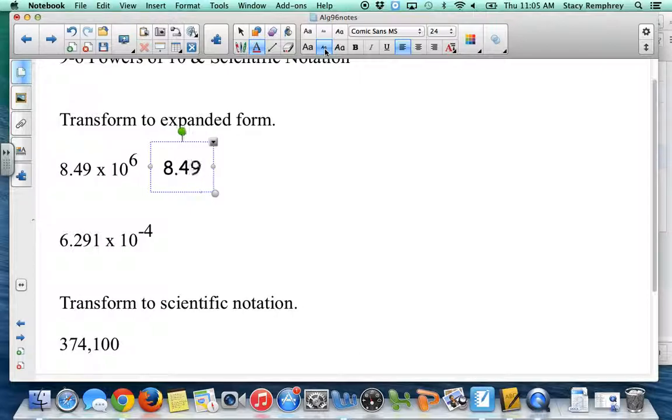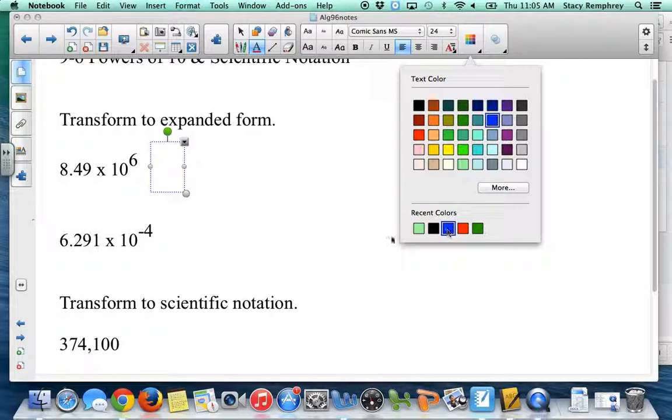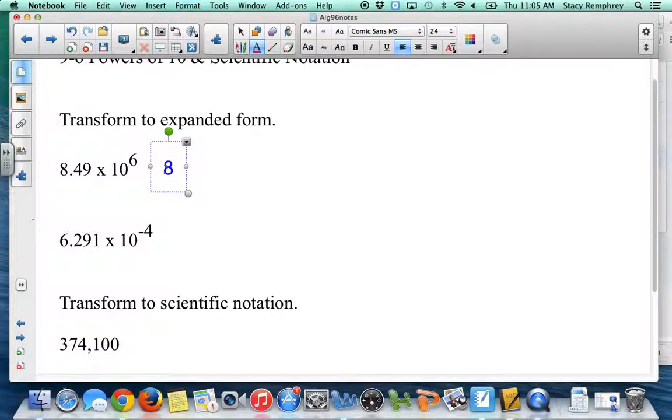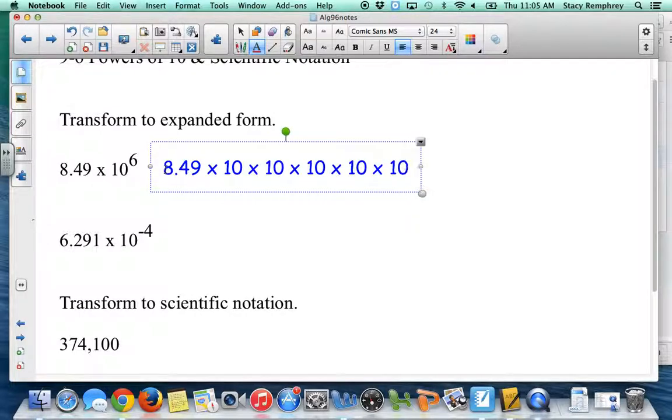So just as a reminder, 8.49 times 10 to the 6th means 8.49 times 10 times 10 times 10, 6 times. Every time you multiply something by 10, you're making it bigger.